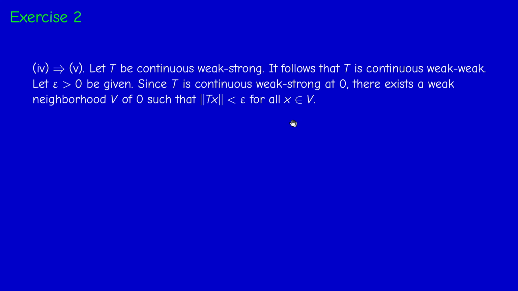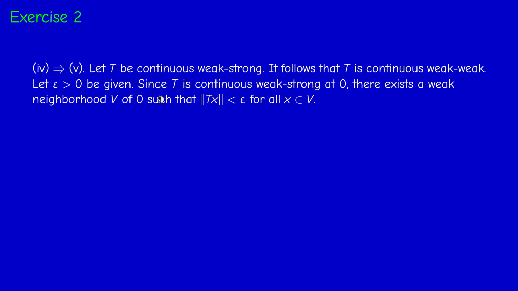By definition of continuity that we explained in chapter 0, this means that for every neighborhood of T0, which is 0, every strong neighborhood, we can take the ball of center 0 and radius epsilon. For every strong neighborhood of 0, we can find a weak neighborhood of 0, such that T of that neighborhood V is contained in this ball.